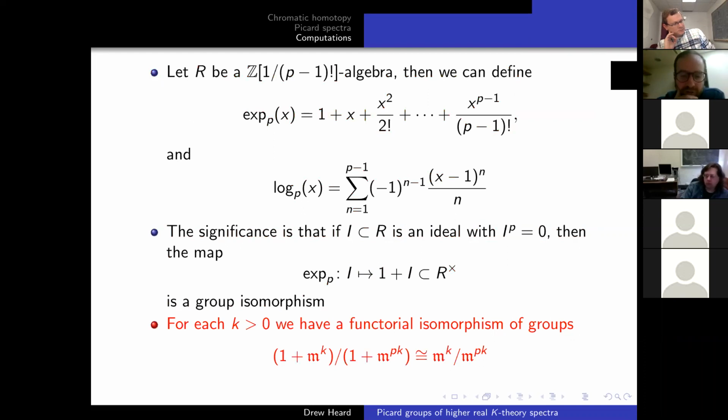Okay, and so in the case we're interested in, this gives you an isomorphism of groups between 1 plus m^{k+1} and m^{k+1}, and this is isomorphic to this.